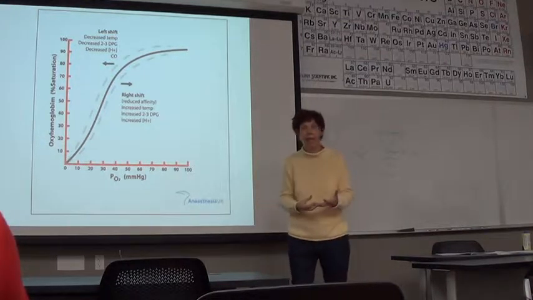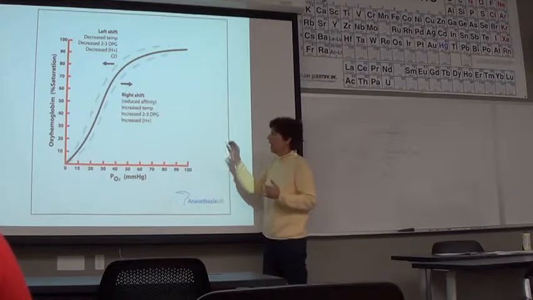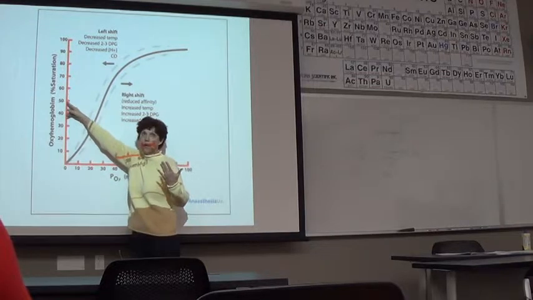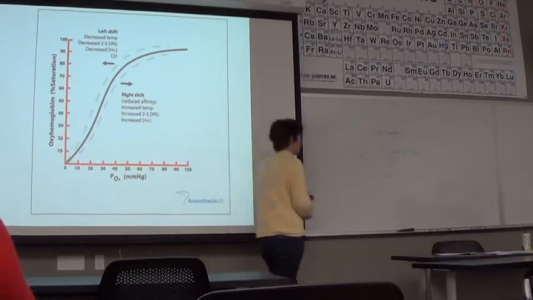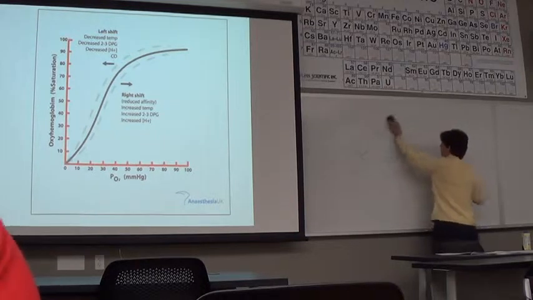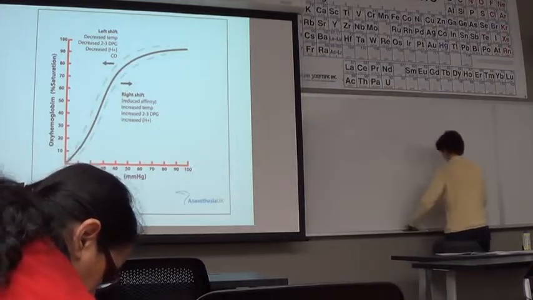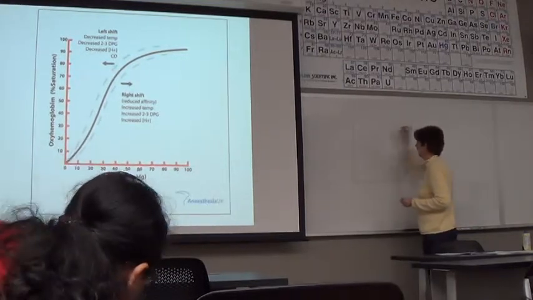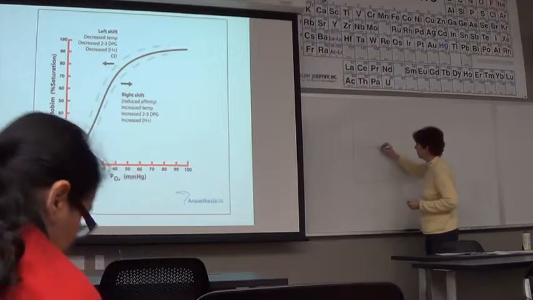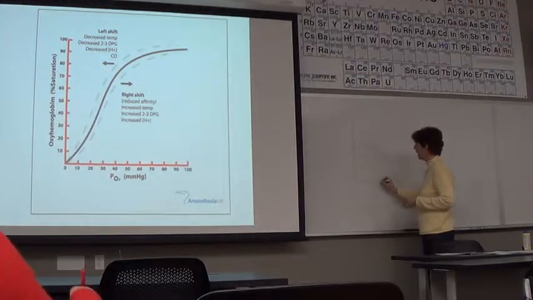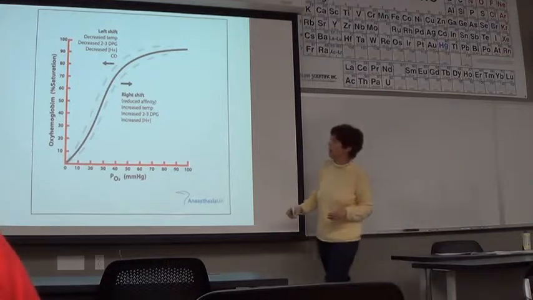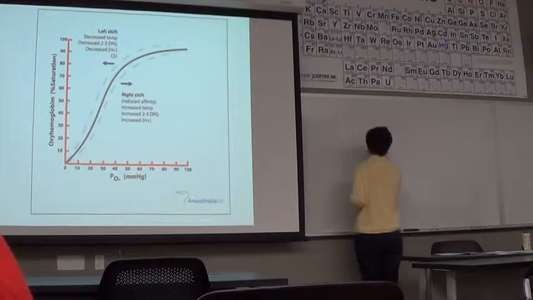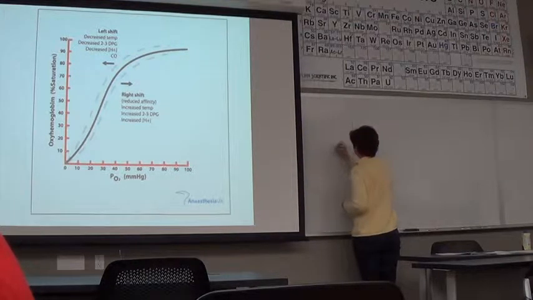the plasma. All right? So, again, when we talk about the shift to the right or the left, we choose an arbitrary point of 50% saturation, and we compare the two. So if we look at the fact that at 50% saturation with our normal oxygen dissociation curve, it takes typically a PO2 of 40 to have 50% saturation of hemoglobin.